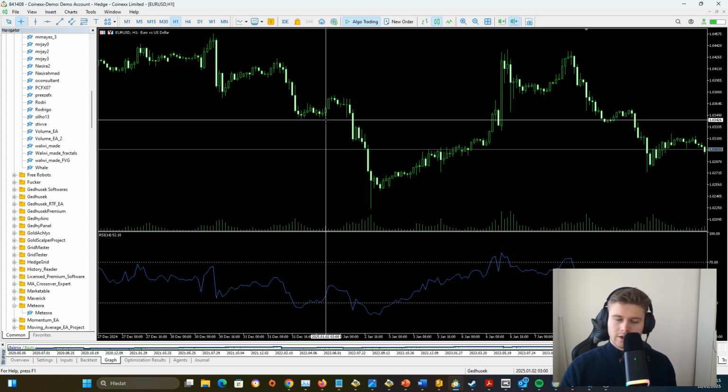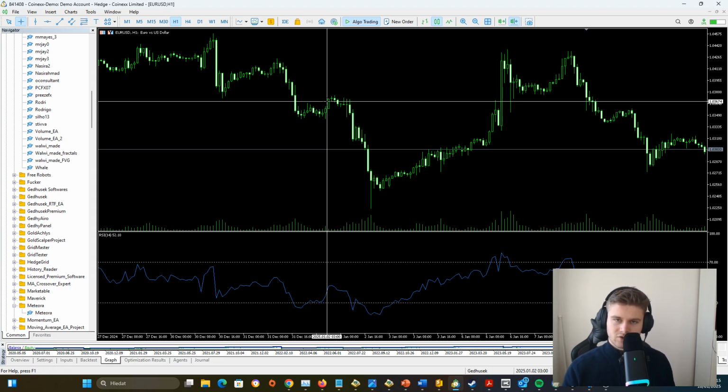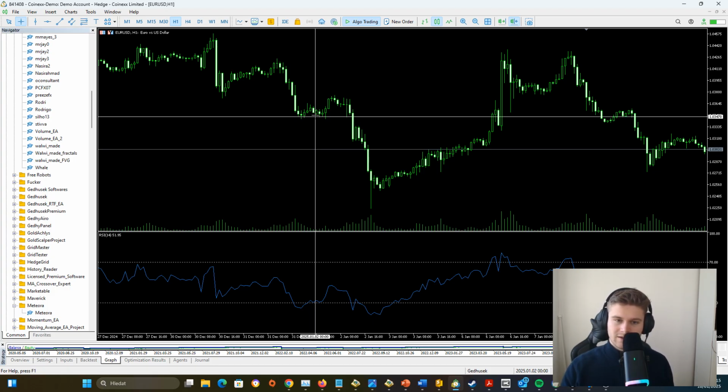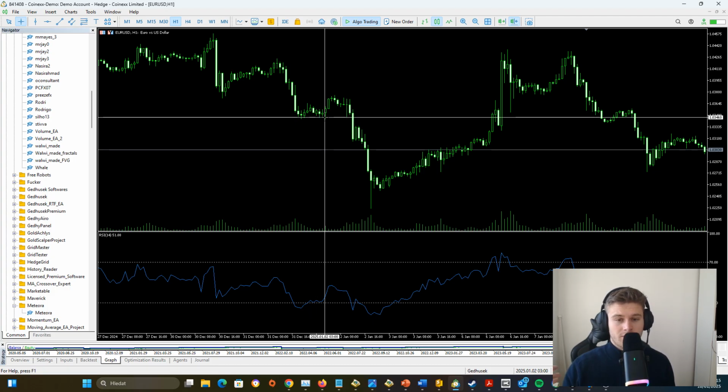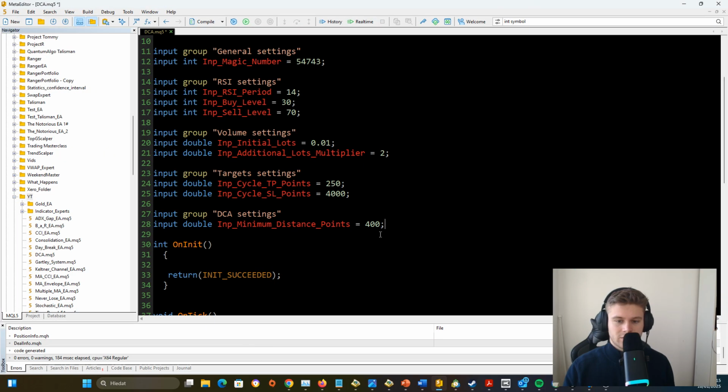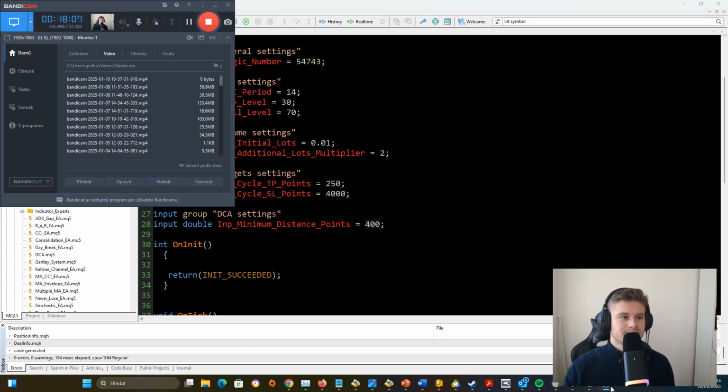We don't want to have two buy positions at the same price level, because it doesn't make sense for this concept. So that's why I am implementing this minimum distance input, which will check the distance between the previous position and the potential new position, and if the distance is smaller than this value right here, it will wait for a new signal to appear.